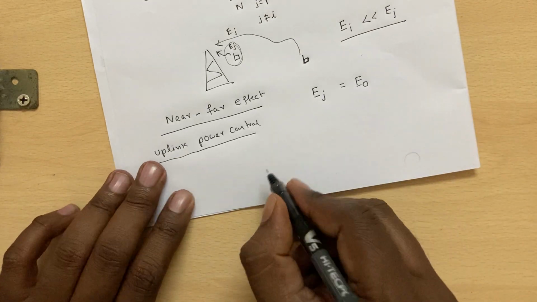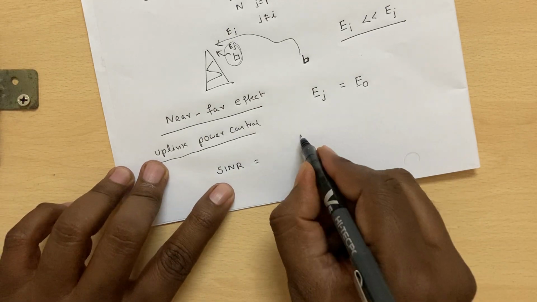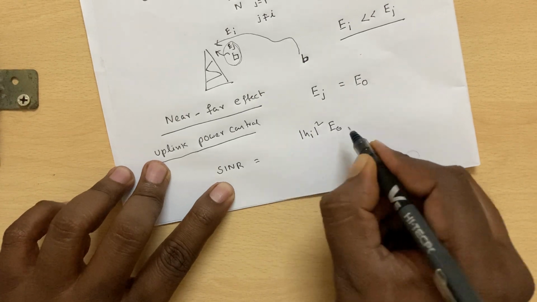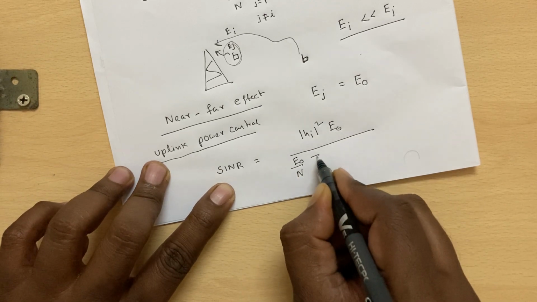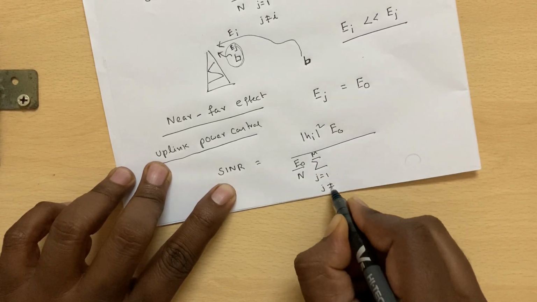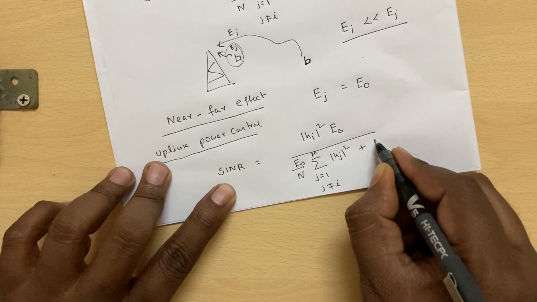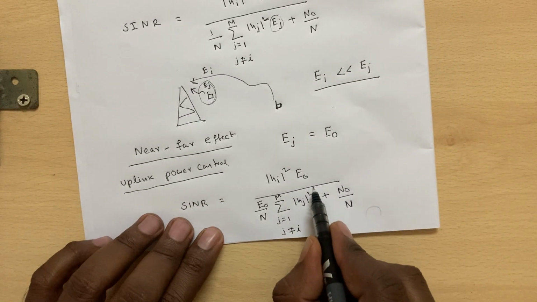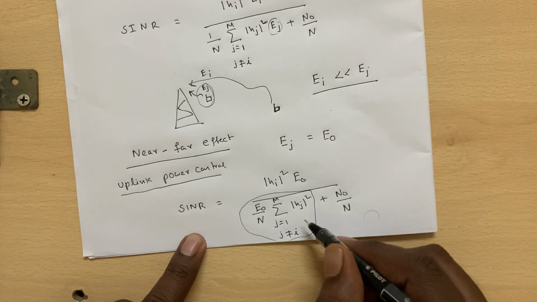So using power control, this will happen. Assuming power control is employed here, then the SINR in the uplink case can be written like this: mod h_i square times E naught, divided by 1 by N, where E naught by N, sum over j equal to 1 to M, j not equal to i, of mod h_j square, plus N naught by N. If you see here, this is the multi-access interference power when power control is employed.